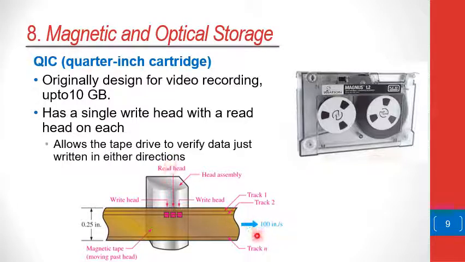For instance, if it's moving in the blue direction, as it writes the data using the write head in between, the read head on the other side will then read the data that has just been written to verify it. This allows data verification to happen in either direction. As you can see here, the tape has multiple tracks, and the read-write head can move from one track to the next. In this case it's on track number 2, and it can move up to track number n.